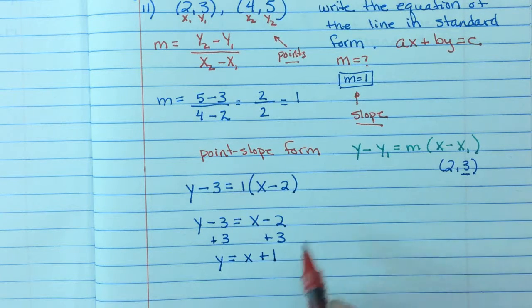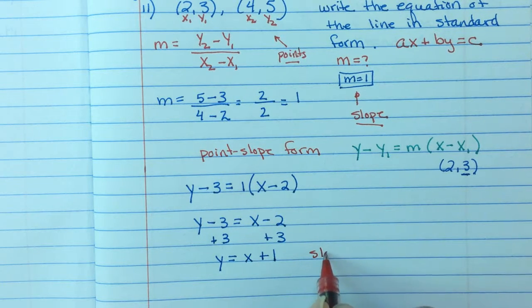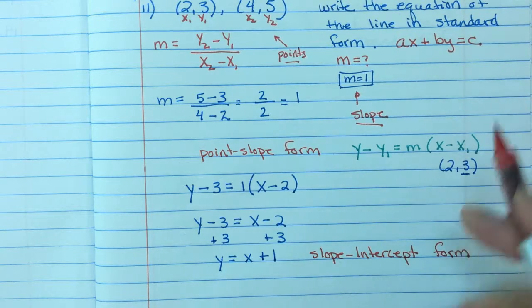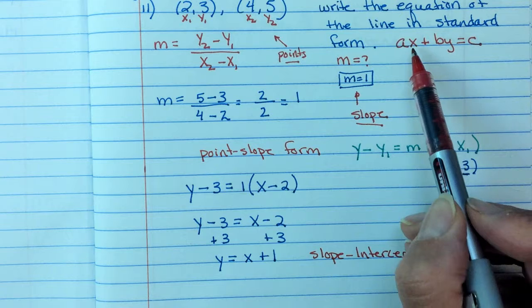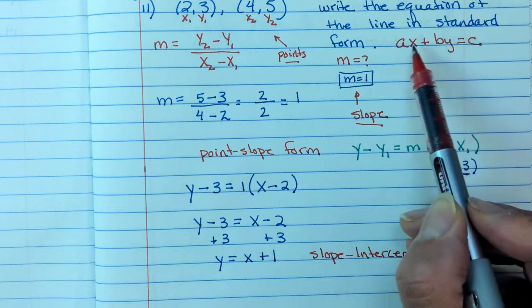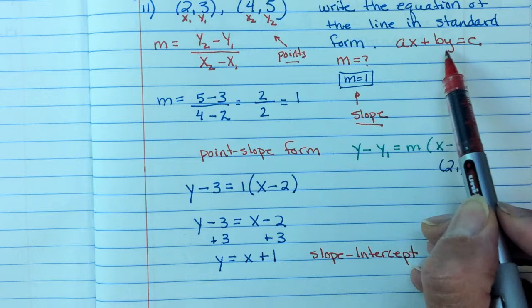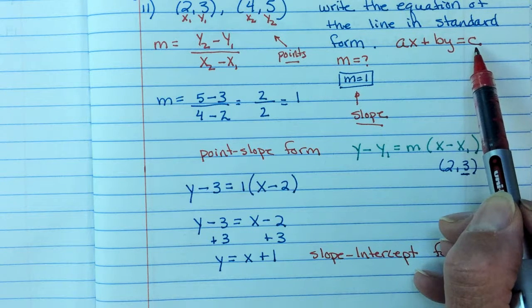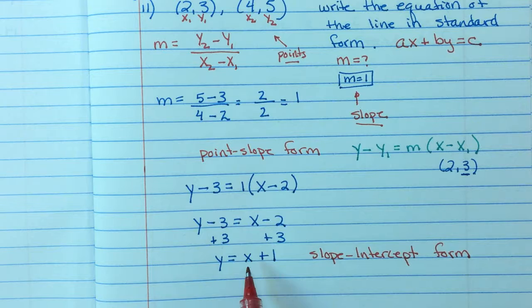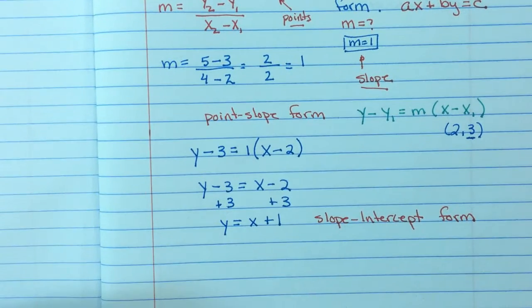Well, I just put this in slope intercept form, but that's not what I want. So notice in standard form my x and my y terms are on the same side as my equals. X comes before y, and my constant is all by itself on the right side of the equal sign, which means I want my x to join my y.